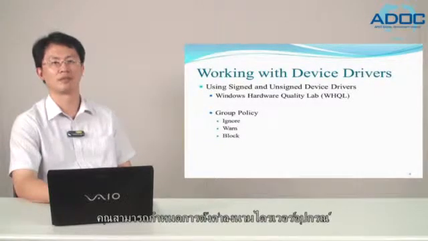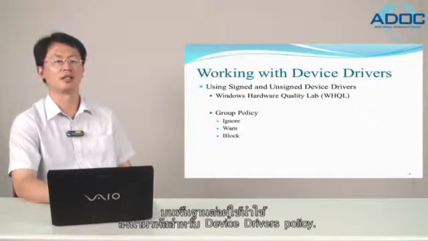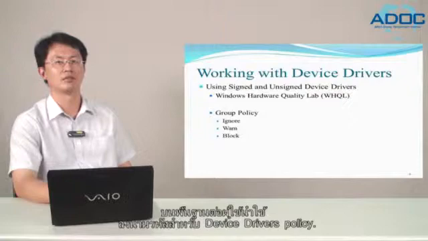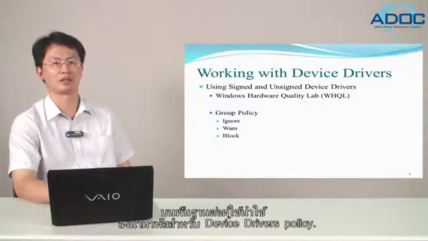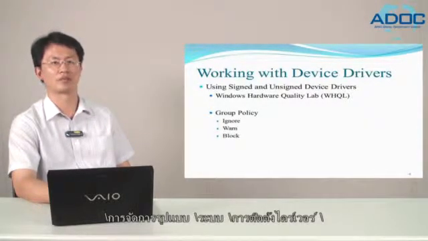Then you can configure device driver signing settings on a per-user basis using the Code Signing for Device Drivers policy. This policy is located in User Configuration, Administrative Templates, System, Driver Installation.